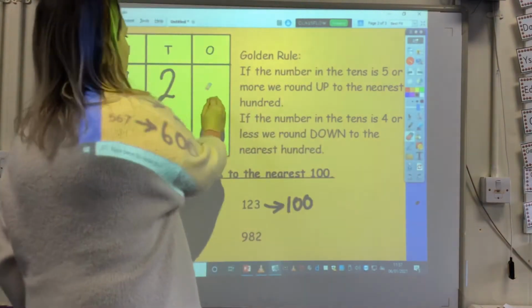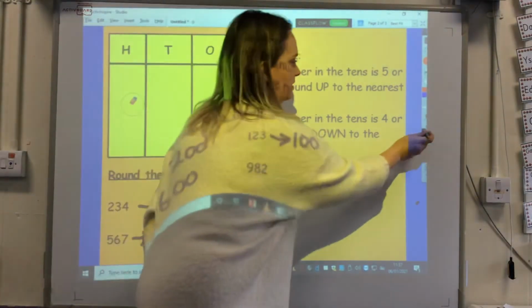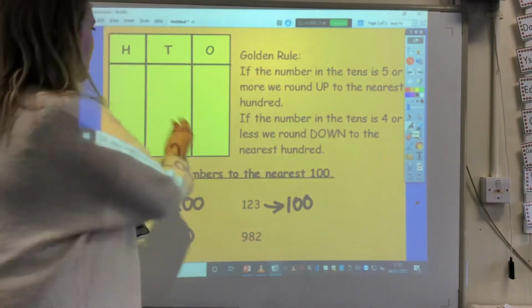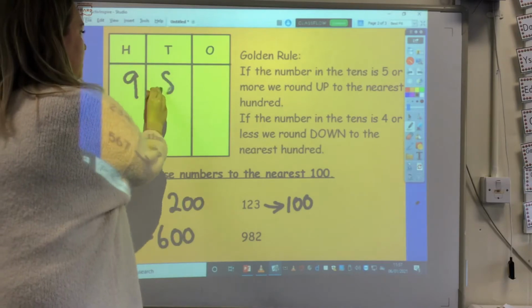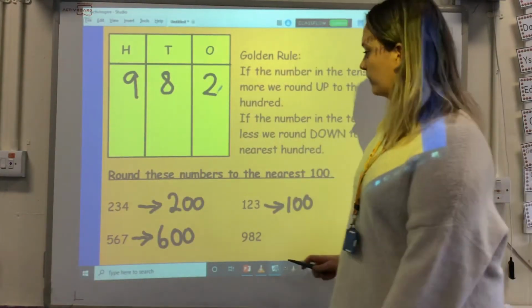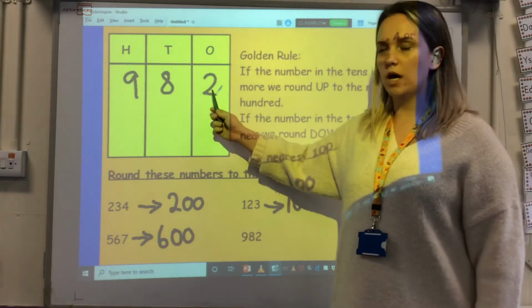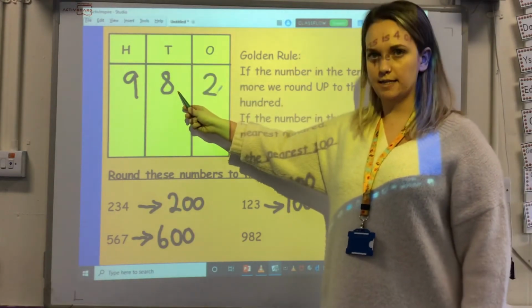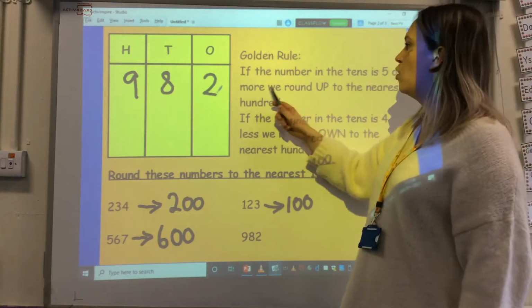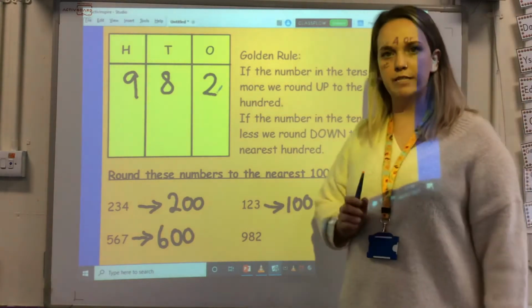Right, last one. And this one, I promise you, is a tricky one. Let's rub these out. So our last one is 982. So, don't worry about our ones number, we look at our number in our tens. If the number in the tens is 5 or more, we round up to the nearest 100.